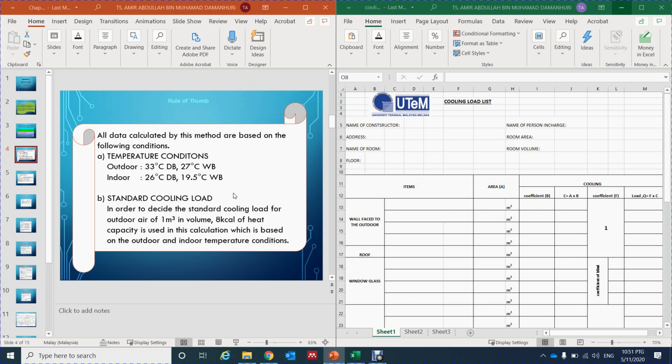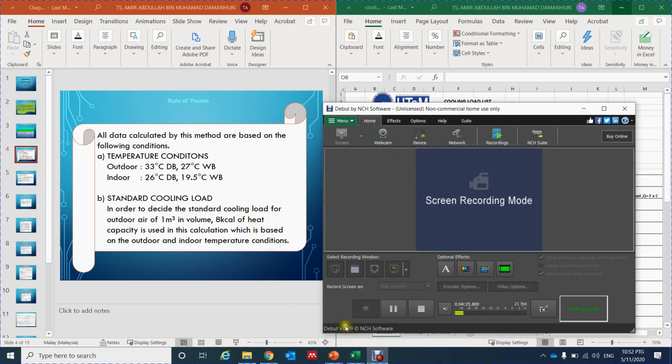The indoor temperature condition is about 26 degrees Celsius, and the indoor wet bulb temperature is 19.5 degrees Celsius. For the standard cooling load of outdoor air, for 1 cubic meter in volume, we are using 8 kilocalories of heat capacity in this estimation.